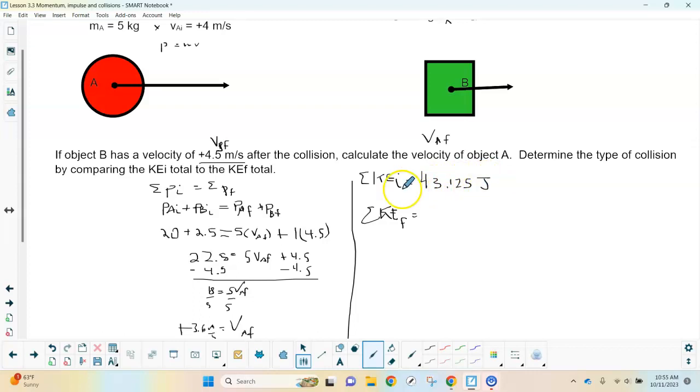That's how many joules you had to begin with, A and B's kinetic energy put together. Afterwards, they don't really convert too much. Only 42.525 is the final. But you can see those numbers are not the same. So because the kinetic energy initial is not equal to the kinetic energy final, and it doesn't stick together, this is just a regular inelastic collision.